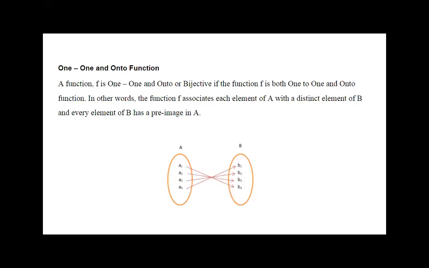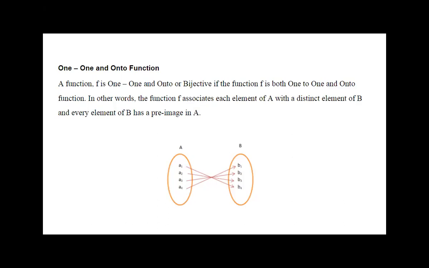In a one to one and onto function, the function f associates each element of A with distinct elements of B, and every element of B has a pre-image in A. One to one means what? A1 may have a relation with B1 or B2 or B3 or B4.